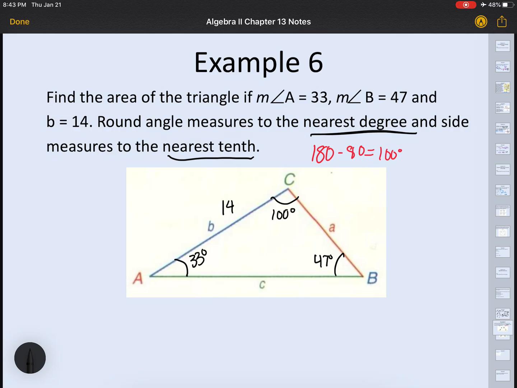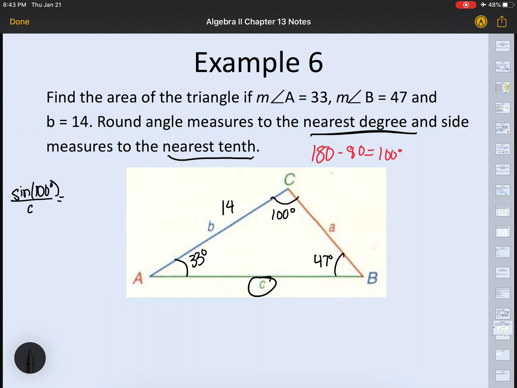But I at least need one more side figured out in order to use my area formula. So let's say I want to find side C. If I want to figure out what side C is, I know its angle C, which is 100 degrees.